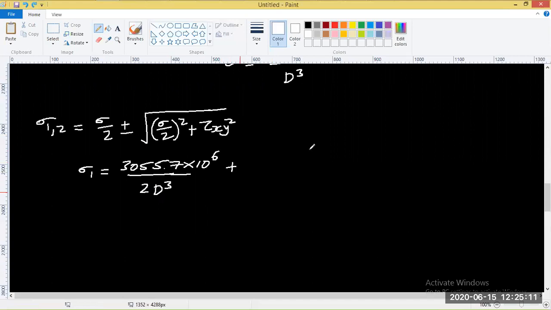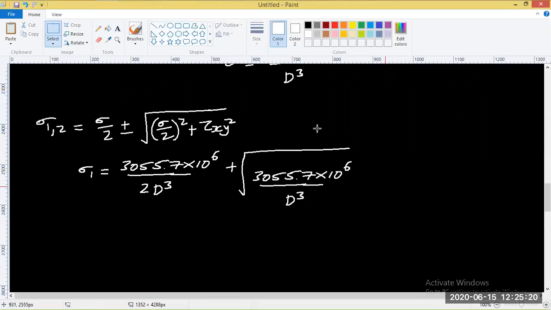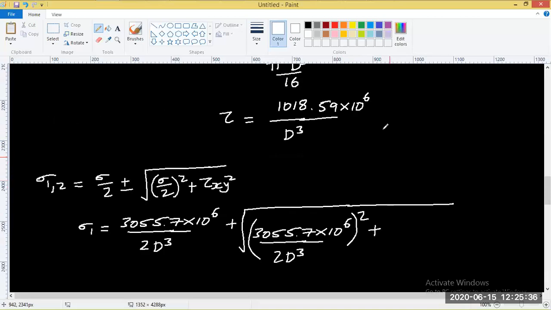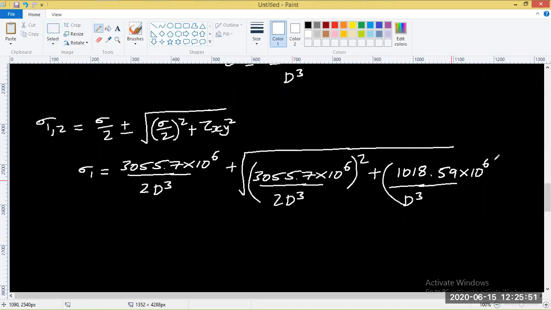So plus square root of, again, this entire value whole square, plus again you have 2 over here under the root. Tau is this value over here. Just copy this. Okay, so this whole square. Right. So we have a really big equation.